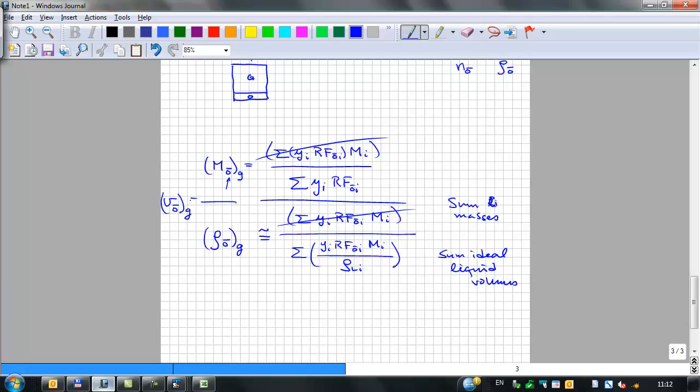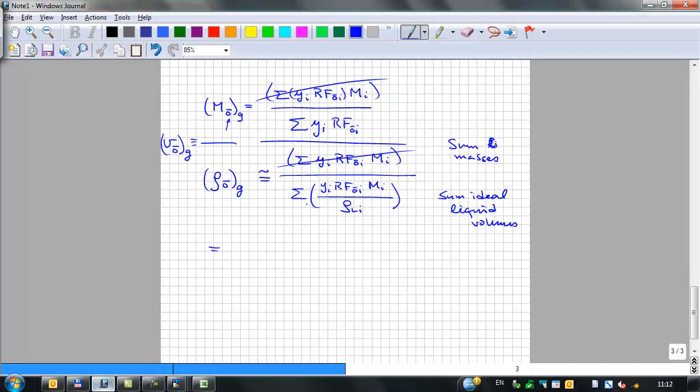That would be equal to that, and that's equal to this term here, divided by that term there.